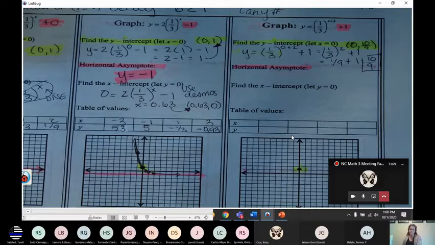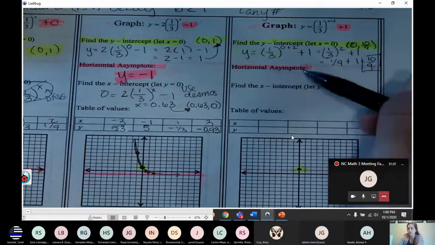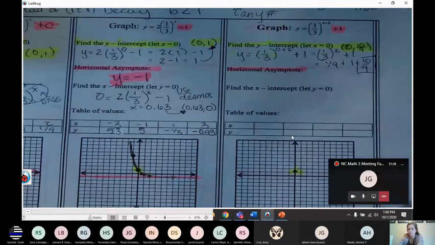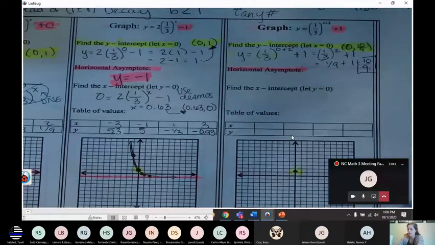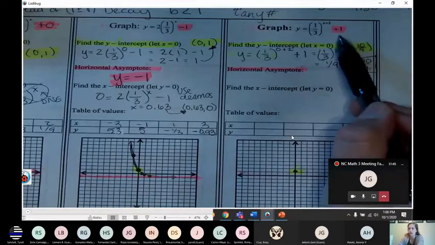Jakeem Gear? Yes. So can you help me find my horizontal asymptote here? So the horizontal asymptote is defined by that number. Can you tell me how to write it?